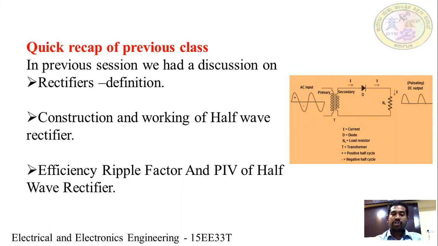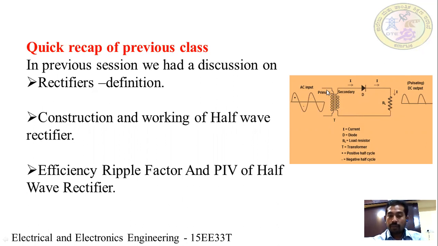If you come to the construction part of rectifiers, it mainly consists of an input AC voltage, the transformer, the diode rectifier, and RL, that is nothing but load resistance. Here, the input source is AC.